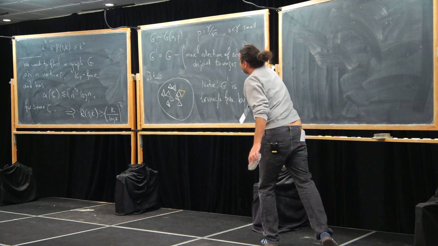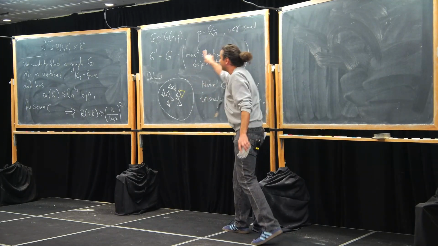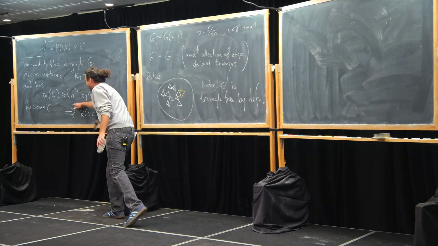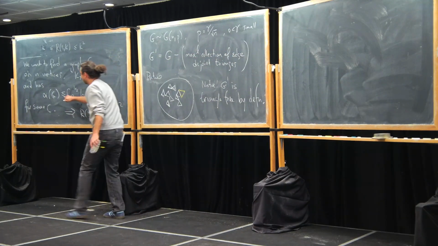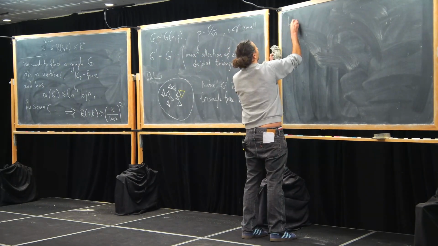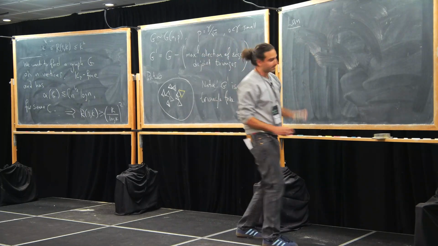So I'm going to work towards understanding the independence number in this graph in two steps, and we'll ultimately show this for my modified graph G prime. So this lemma, I'll just write it and then say something about it.